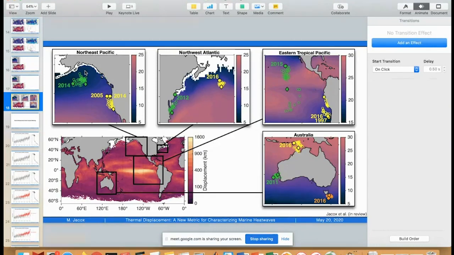Right, and that was going to be my follow-up question: for the 2014 event, do your thermal displacements align with those Cavoli sightings in that table at the beginning? They do qualitatively, and for other events, like the 2012 event off the East Coast and in the Peru system in these El Niño years, the order of magnitude and direction is right.